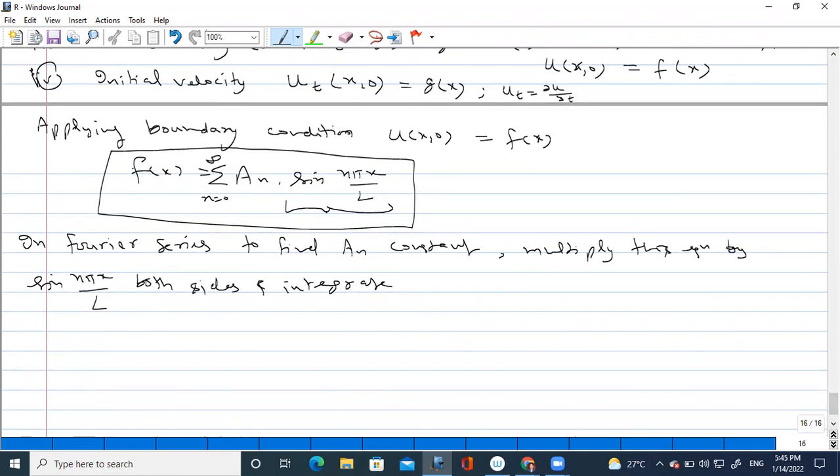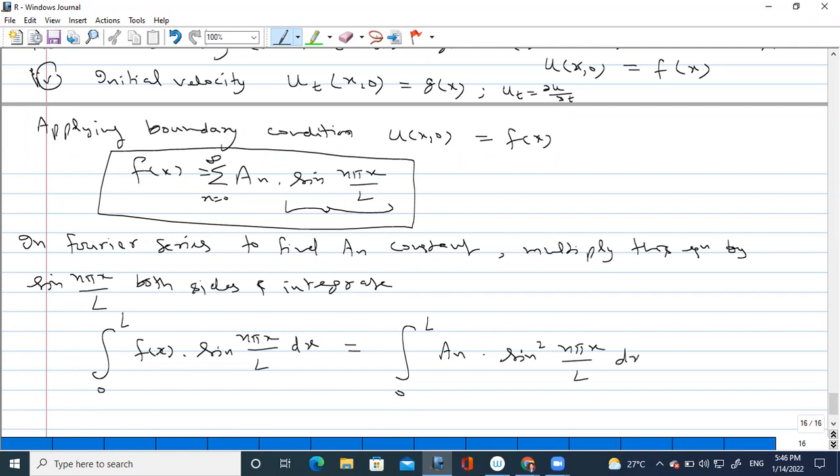So the left hand side will become integral 0 to L f(x) into sine n pi x by L dx. That will be equal to integral 0 to L an into sine n pi x by L into again sine n pi x by L. So it will become sine square n pi x by L dx.